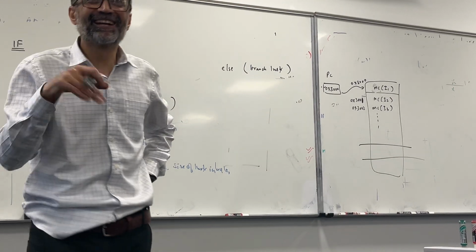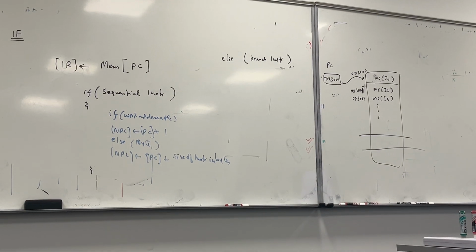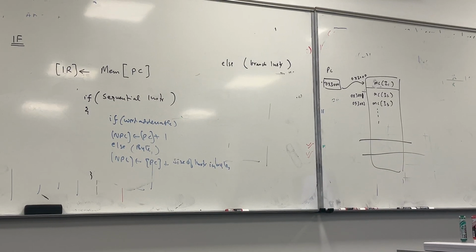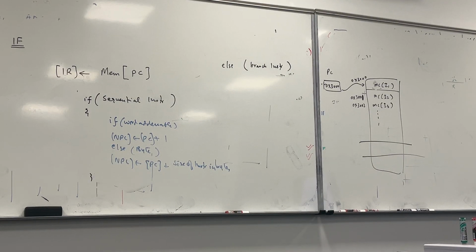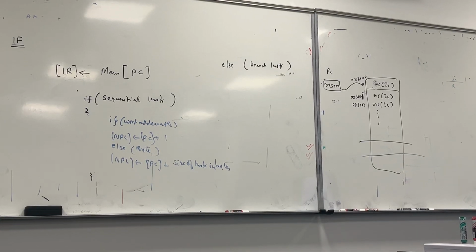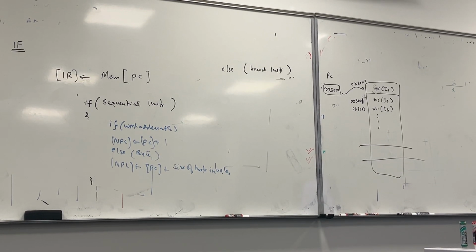Even in the branch instruction, there are some conditions. Can anyone elaborate? Yes, Sangeeta, can you elaborate? If it's a branch instruction, what should be there? Very good. Even in the branch instruction, it is conditional or unconditional.